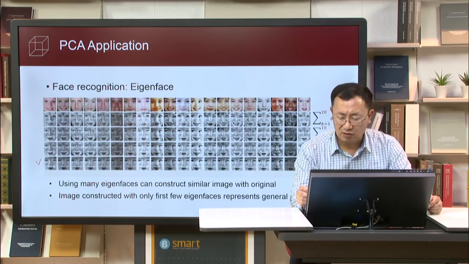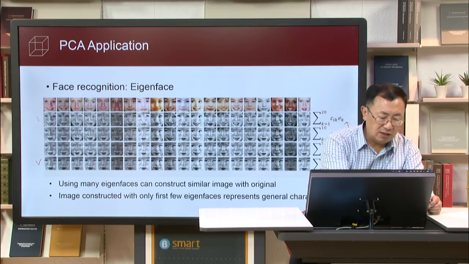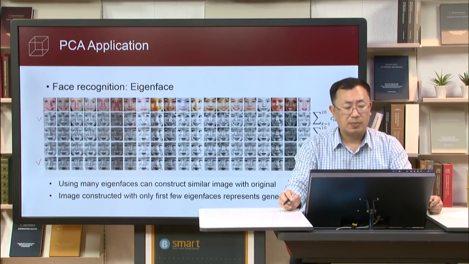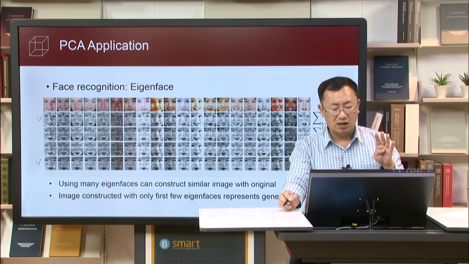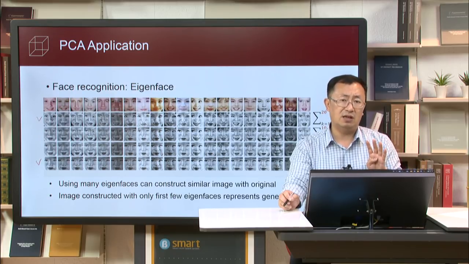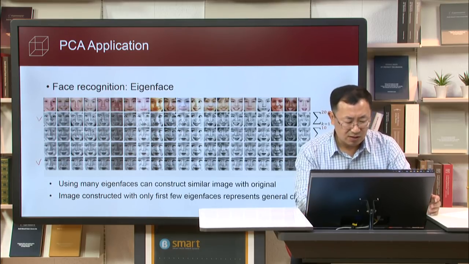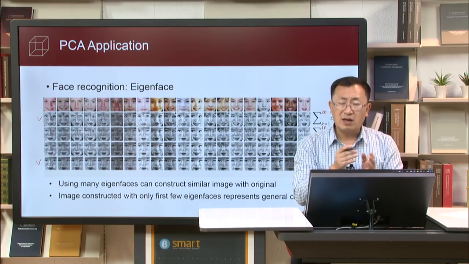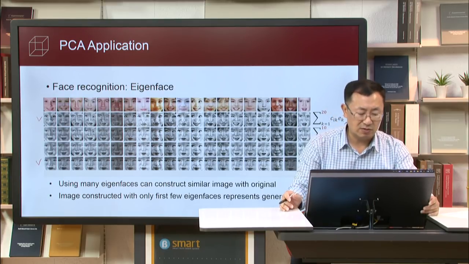But if you include further principal components, like in the second row, it includes not only the general characteristics of the image but also the individual characteristics. So the second row looks similar to the original image, right?